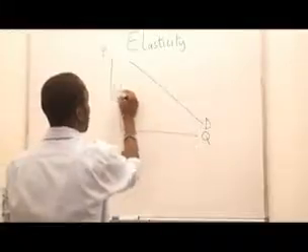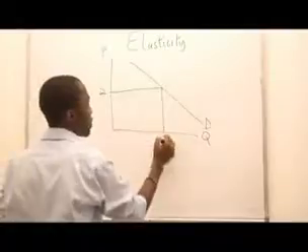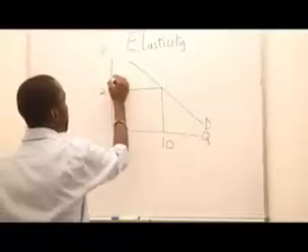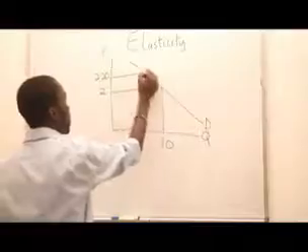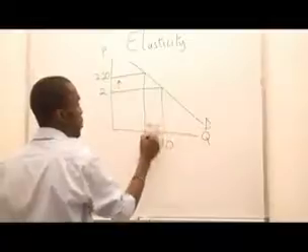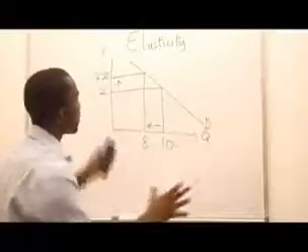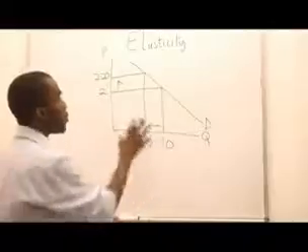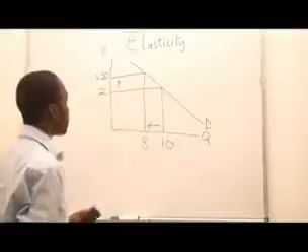Let's assume you start off at a price level of 2 Cs with quantity of 10, and then price increases to 2 Cs 20 pesos. Quantity demanded decreases from 10 to 8. Now this gives us the inverse relationship between the price and the quantity demanded. We can use this information to calculate our price elasticity of demand.